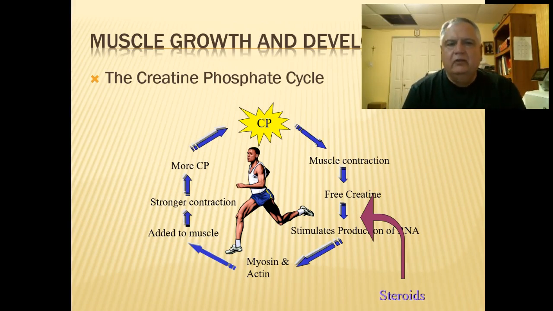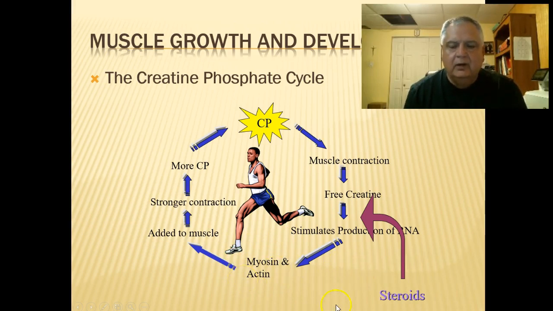But there are some downsides with that. Taking the free creatine causes a kind of reverse osmosis that can draw water out of muscles. And as you draw the water out of the muscles, remember, most of the chemical reactions that occur inside our cells require water. So that's going to be counter to the process here. And that's why I say it's a very modest increase in myosin and actin.